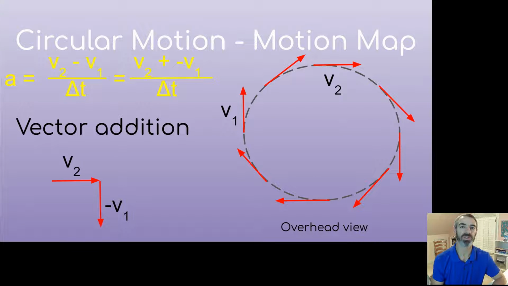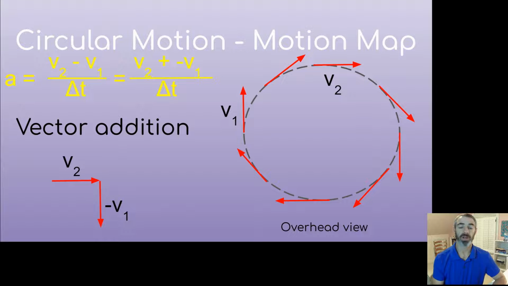It has a tail, which is the beginning of it, and a tip, which is the arrow side of it. To add vectors graphically, we take the tail of the second one, negative v1, and put it at the tip of the first one. This is how you draw a graphical representation of the vectors being added together.